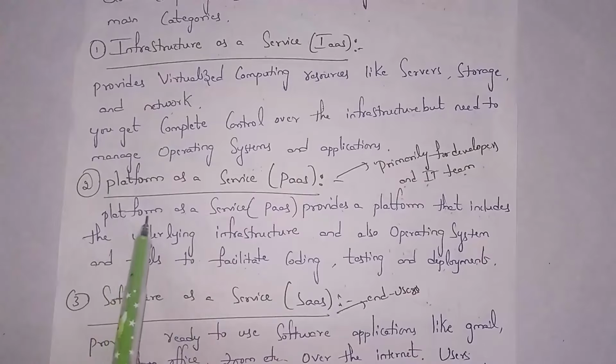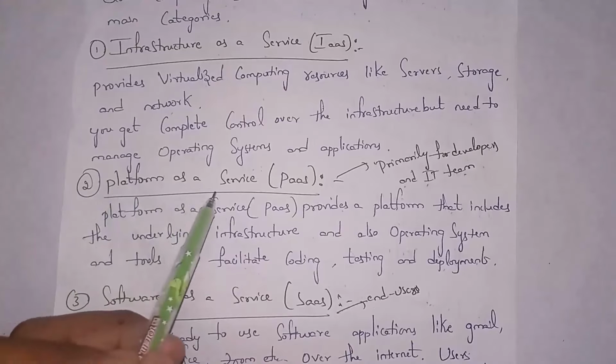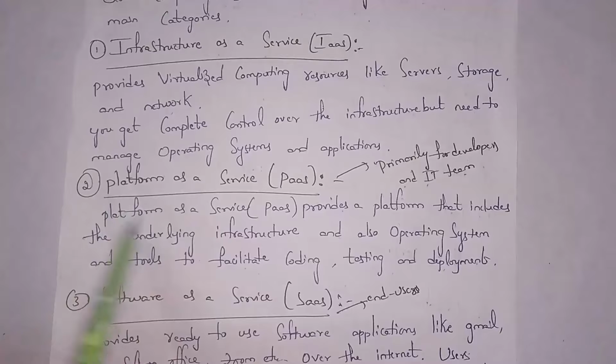Mainly software employees will take this service from cloud providers like AWS, Microsoft Azure, Google, etc. In platform as a service, company will not only provide infrastructure, but also it will provide operating system and tools for coding, testing and deployment. It will not provide complete softwares, but it will provide only few softwares that are required for coding, testing and deployment. So platform as a service is nothing but cloud providers will provide infrastructure and as well as operating system.